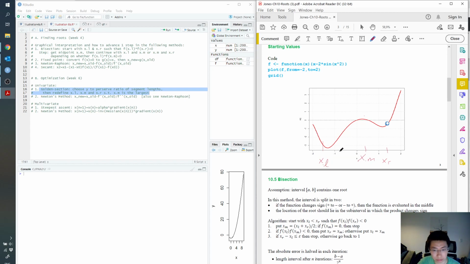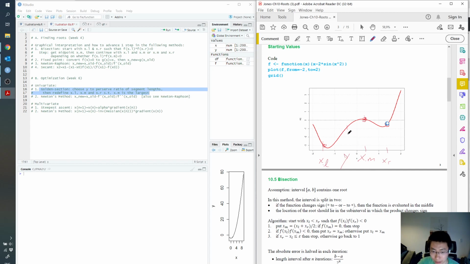And what's important for the golden section method is that the function at XM is going to be higher than my function at XR and XL. So once I have these 3 points, I can calculate a y here somewhere. So somewhere in the interval, in one of the 2 intervals that is wider, and there is a function to find this y given these 3 numbers.